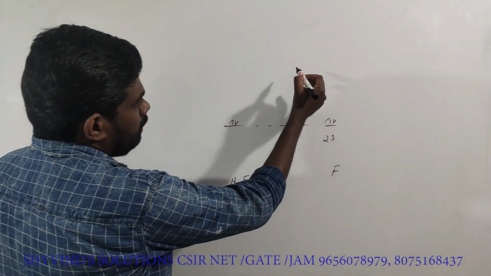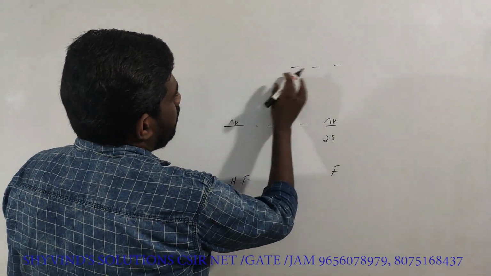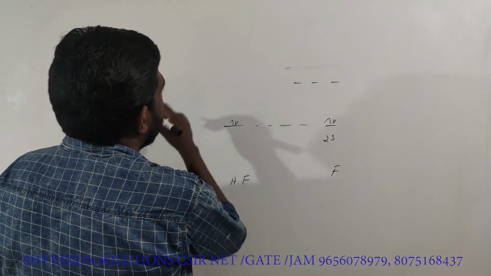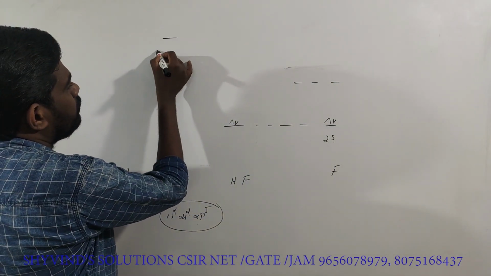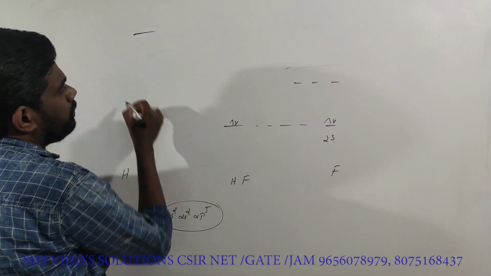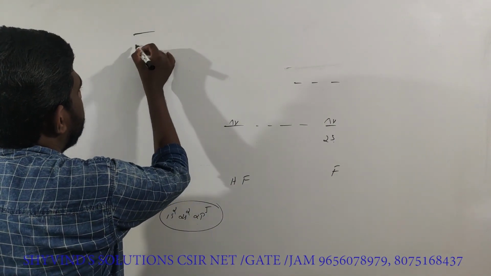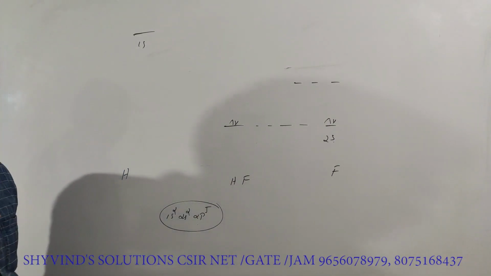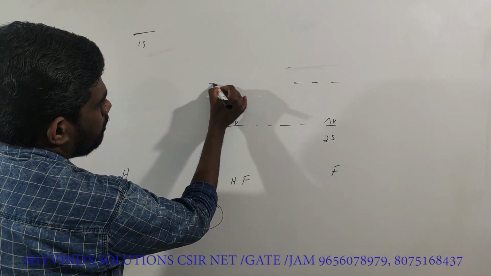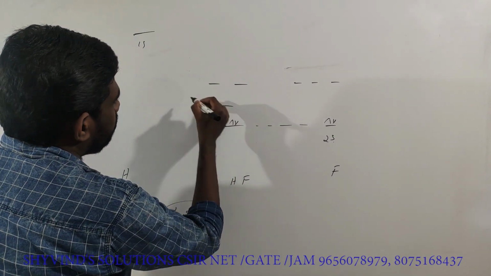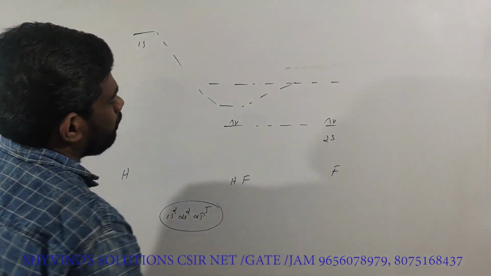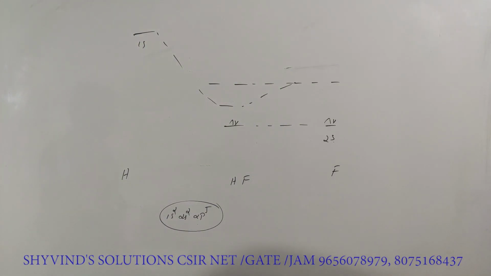The 2p orbital of fluorine will be like this, and this is the 1s orbital of hydrogen. So this is the plot.